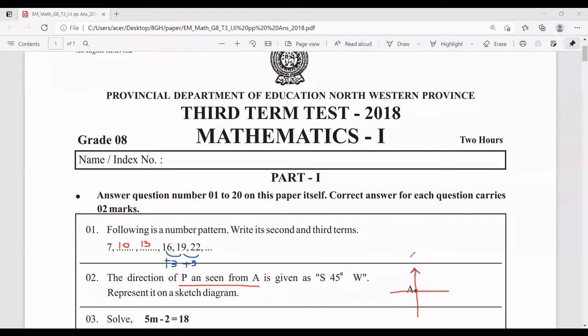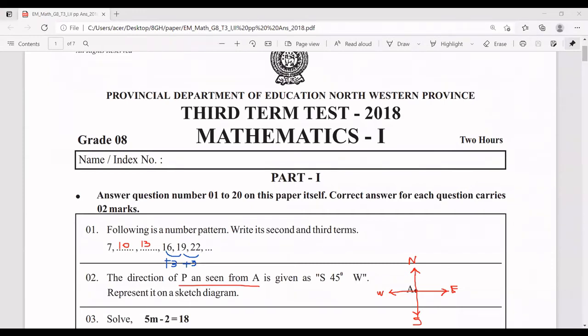Then this direction north, south, east, and west. S45W.